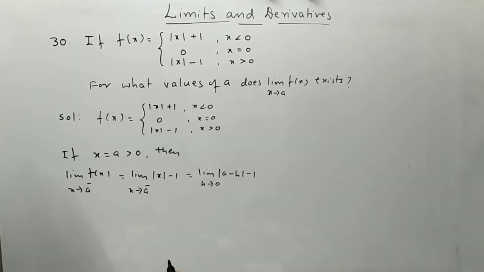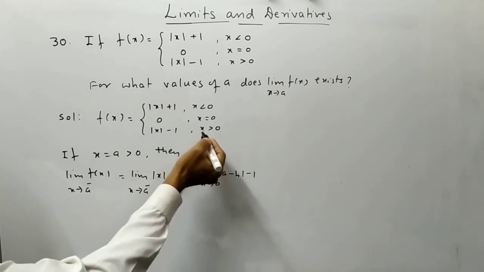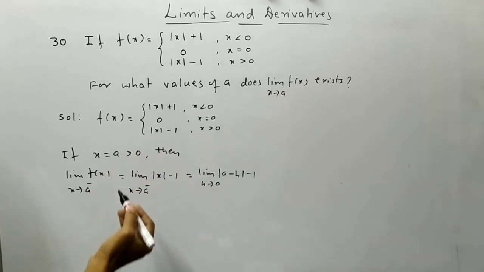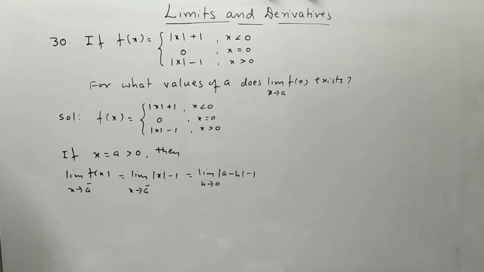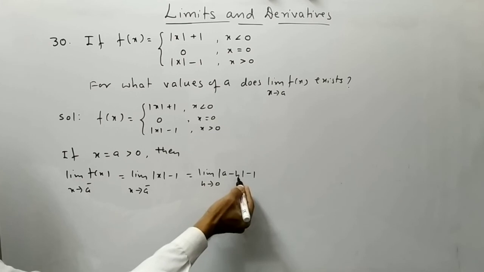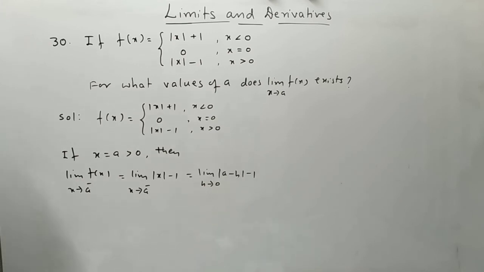Like the previous case, here also consider a minus h. We are taking the values of x, that is a greater than 0. Let us consider 1. Take one value which is left of 1, let us say 0.5, minus a small negative number, so a minus h will be positive.